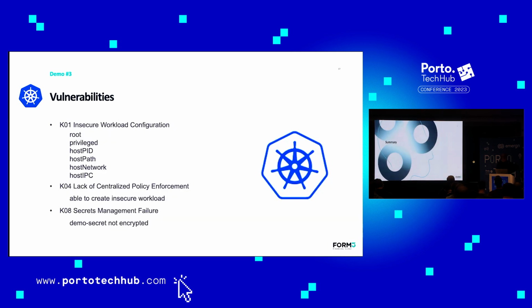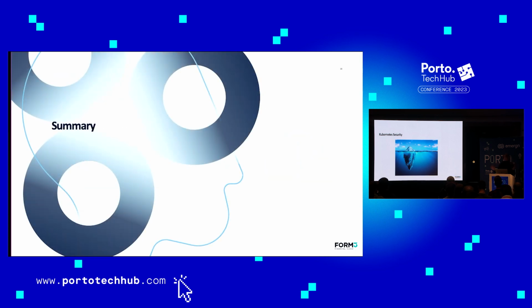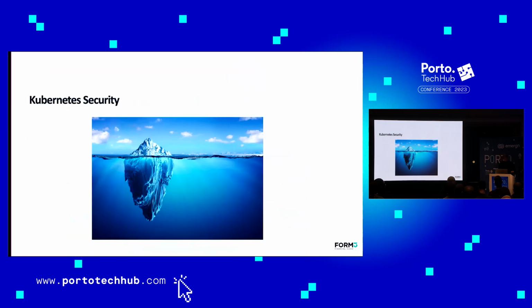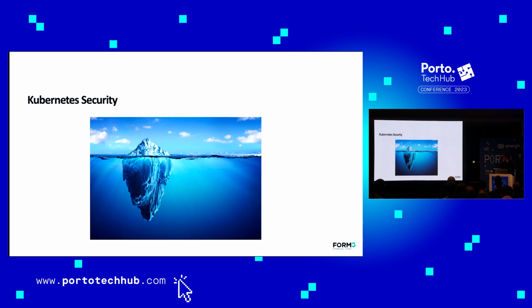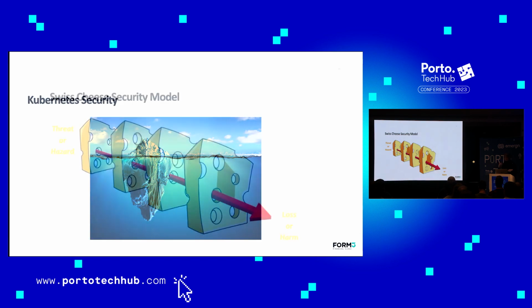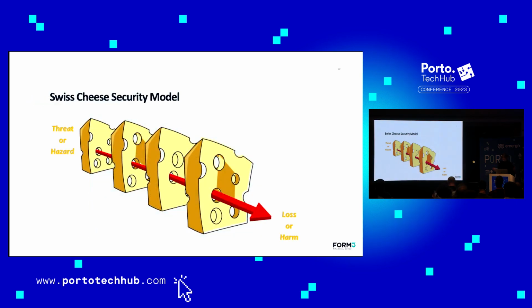Okay. I can only say that today's demos showed only the tip of the iceberg when it comes to Kubernetes security. It was only 101 on hacking. I could go on and on about the topic, but unfortunately, or perhaps fortunately for you, we are running out of time, so just final remarks. It's important to remember the Swiss cheese security model. It illustrates how important layered security, or defense in depth, is.